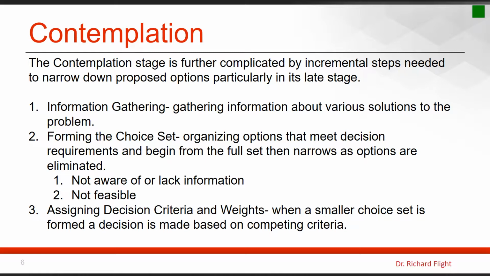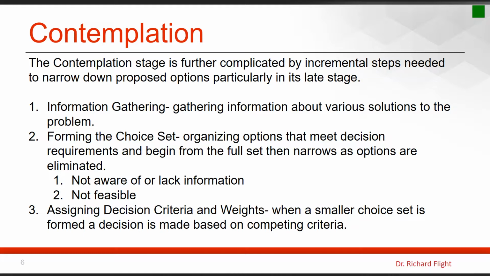So if price is most important to me, that would be the most important criteria. If what my friends think about me going to this theater is the second most important thing to me, then it would still have a very high weight that I place on that criteria, but it wouldn't be as high maybe as price or cost.